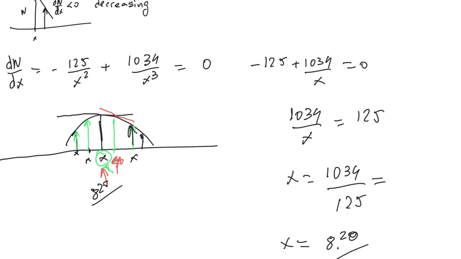And when you find x equal 8.20, in thousands, it means 8,200 or 250. I didn't do the numbers. What it means is that when x equal 8,200, you are at the maximum.